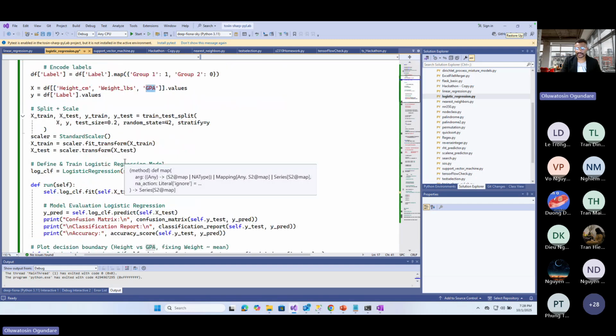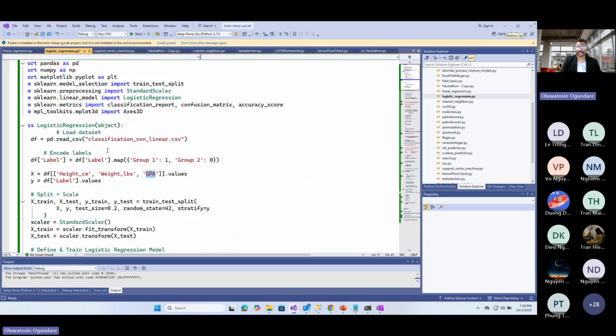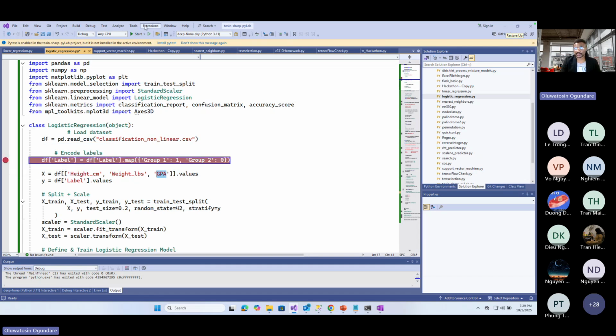So the total amount of data, the length of the array containing my data set, will be M. The amount of features that I'm going to be using will be 3, height, weight, and GPA. Those are the features. That's N. Total amount of data is M. The amount of features is N. So N in this case is 3, and the length of my data set F would be, this is a bit premature, but let's do it.